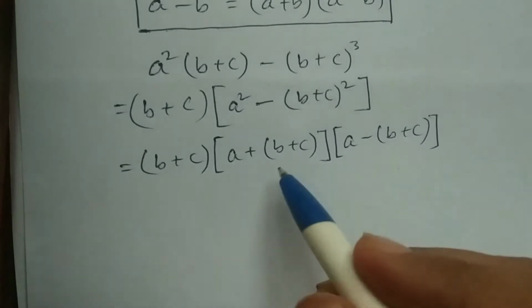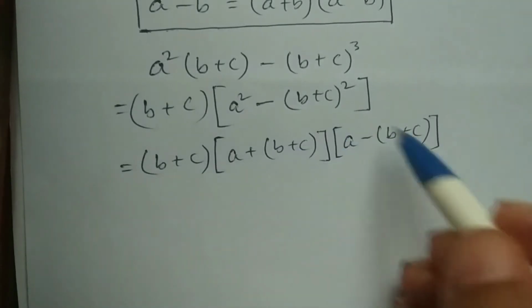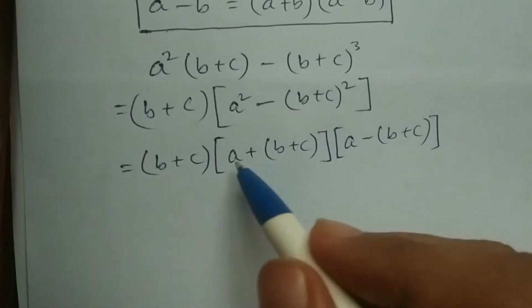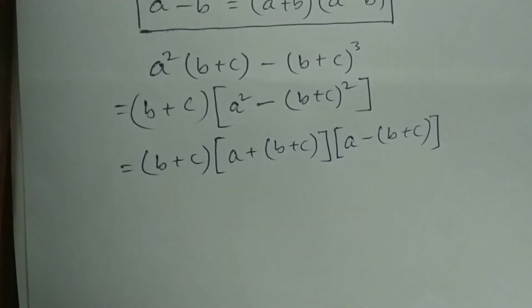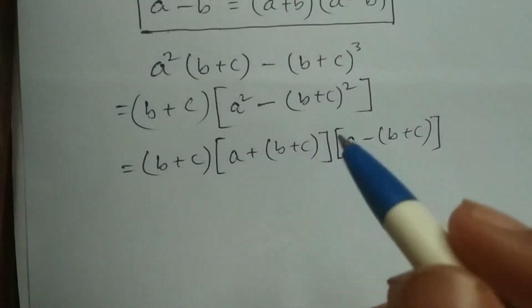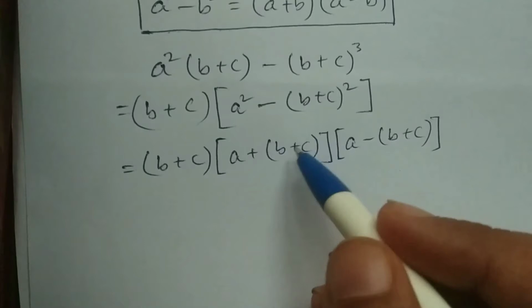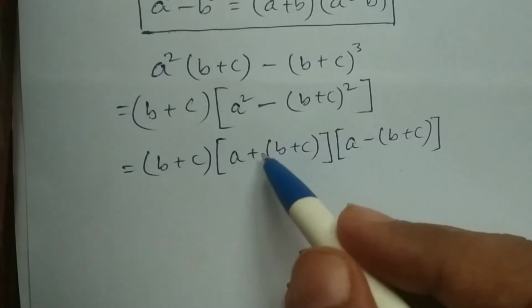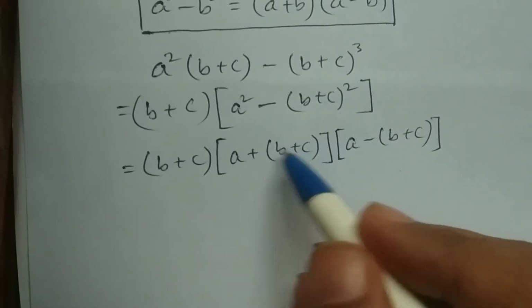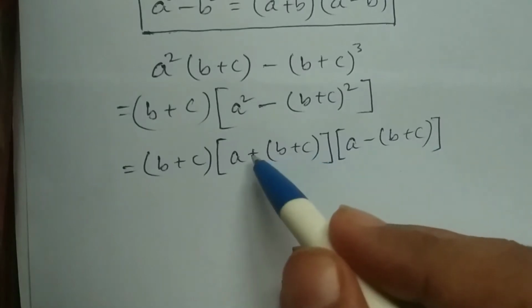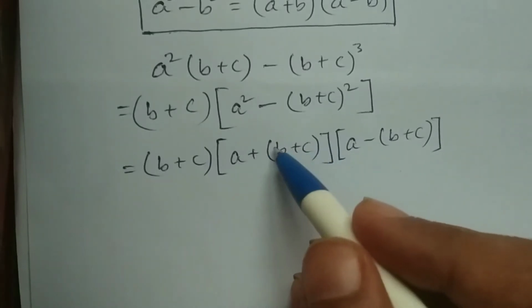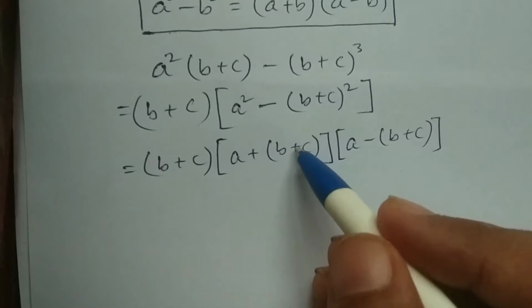Okay, so why am I using the bracket over here? If I don't use a bracket, sometimes it will be error prone for most of the students. Why? Because this is plus, so it will not hamper this term. Means if I remove the bracket, the plus will go into both of the terms and collide with both of the terms. Means plus into plus b means plus b and plus into plus means plus c.